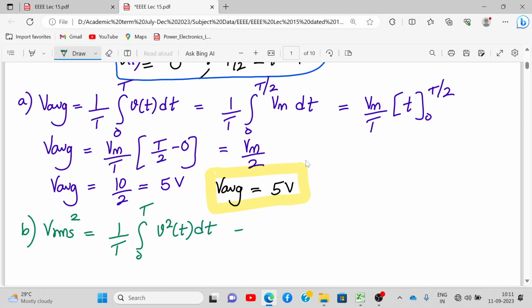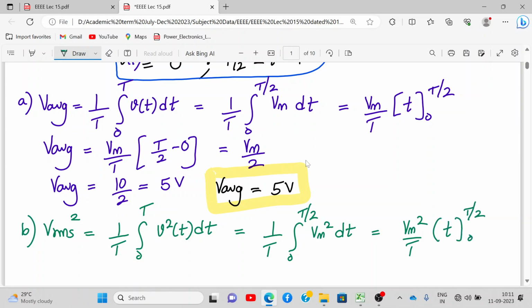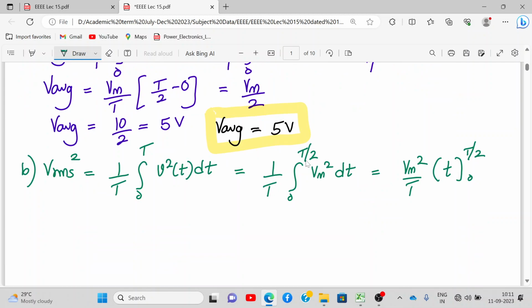That's the definition. So we write 1 by T, 0 to T by 2, because from T by 2 to T, V of T is 0, and here it will be Vm square dt. Vm square by T, with t going from 0 to T by 2.